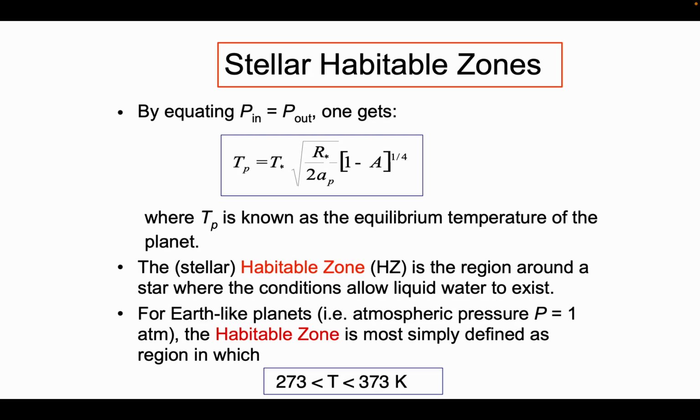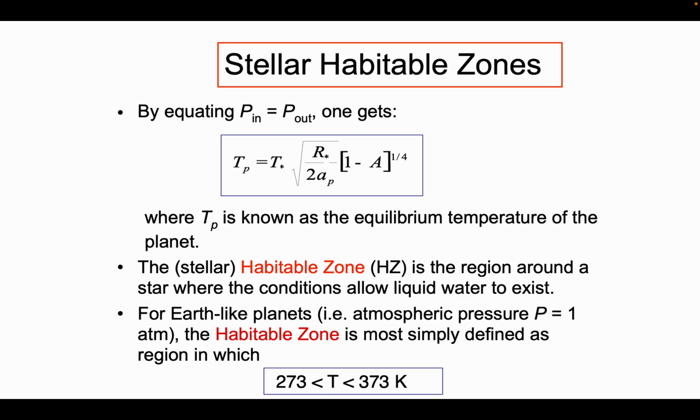By equating this power in and power out, one can get a measure of the temperature of the planet as a function of the star's temperature, the radius of the star, a_P, the planetary orbit distance, and the albedo of the planet. T_P is known as the equilibrium temperature of the planet.